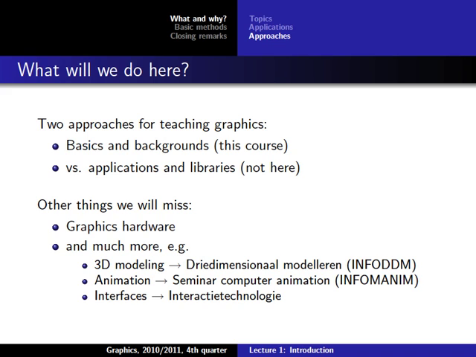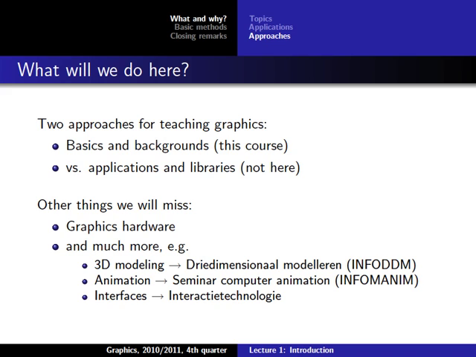We'll only talk a little bit about graphics hardware in relation to the practicals. We will not talk, like I said, about 3D modeling. There is a separate course for this, Three-Dimensional Modellieren, which is taught by Roby Tan. It's a bachelor and a master course, so you can do this already at the bachelor level or later at the master level. Animation, we also do not cover, but there is also a course about animation.